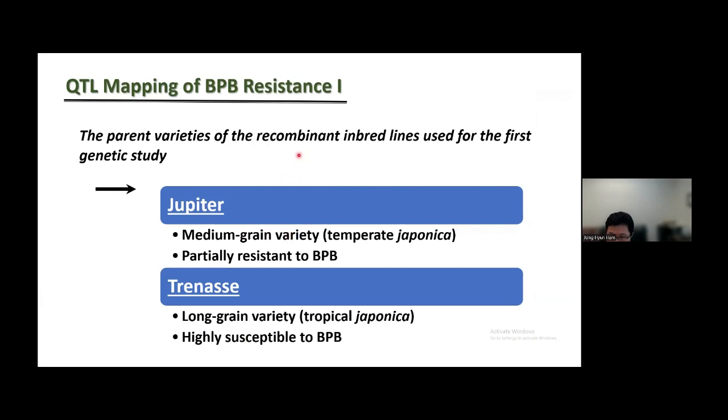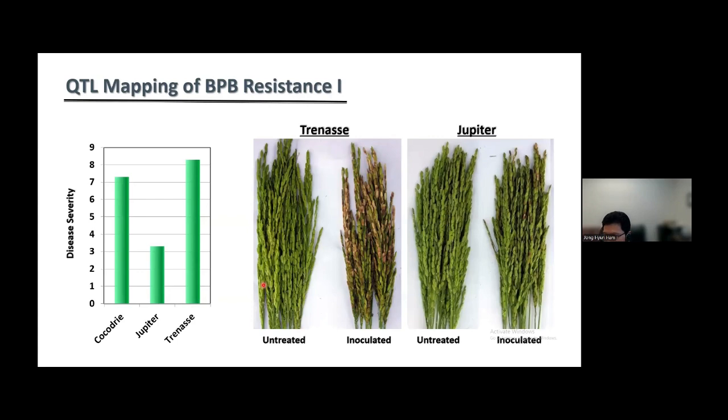First, we did a genetic study for QTL mapping using a mapping population, recombinant inbred lines derived from the moderately resistant variety Jupiter and the highly susceptible Trenasse. We generated about 300 recombinant inbred lines from this cross.